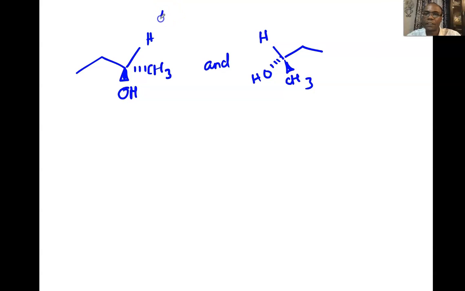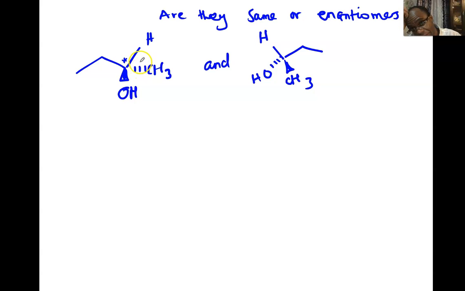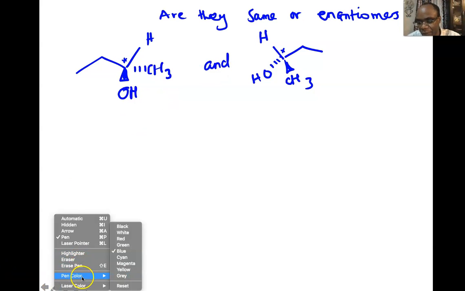So the question is, are they the same or enantiomers? Now that you know what enantiomers are. So obviously we have a carbon that's chiral. It has 4 different groups there and there. So we need to assign chirality before we determine whether they're enantiomers or not.